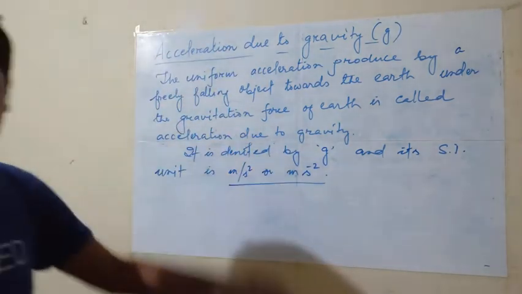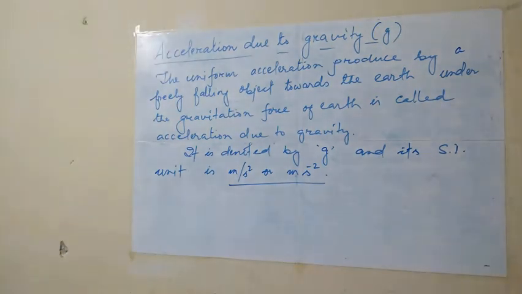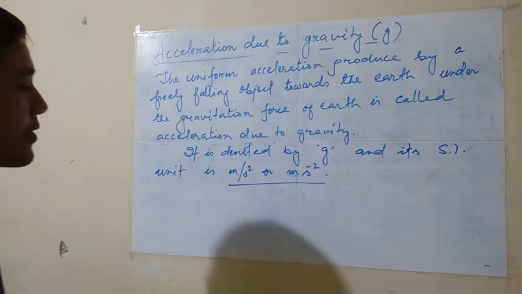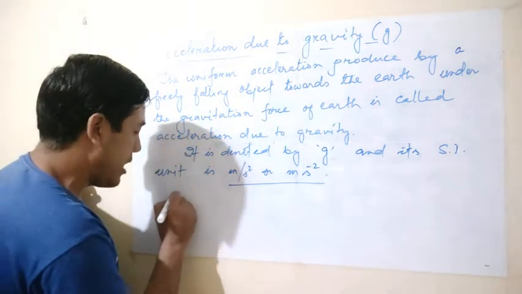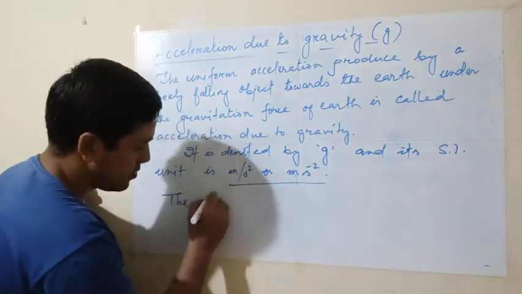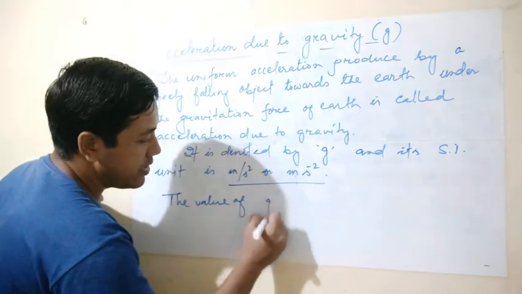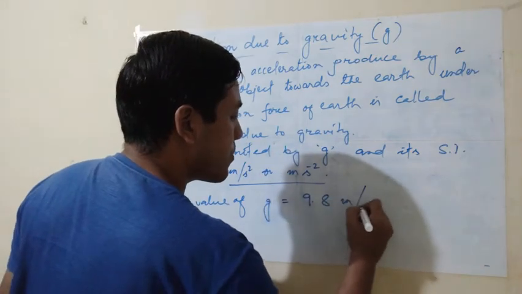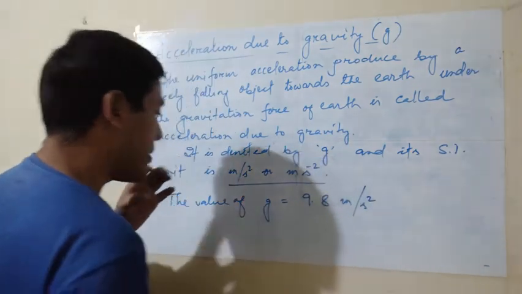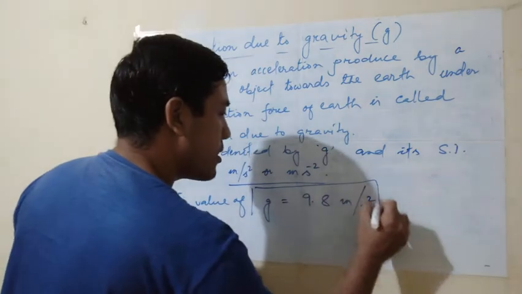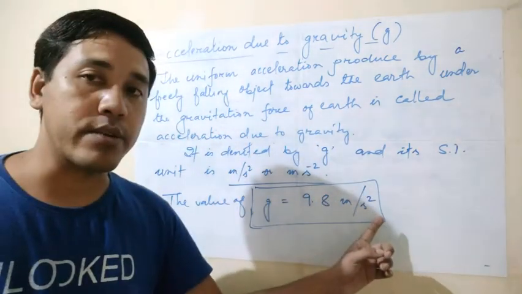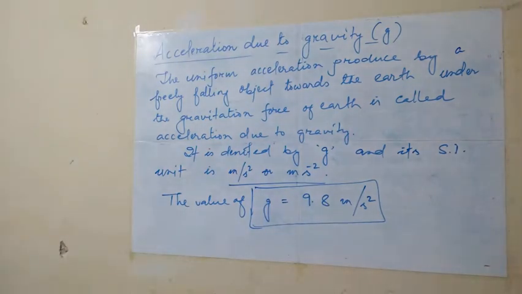Please copy down this. Also, the value of g is equal to 9.8 meter per second square. We will calculate this 9.8 meter per second square. Please copy down.